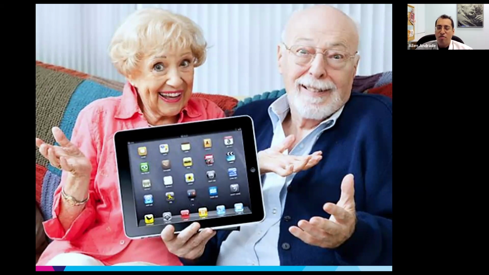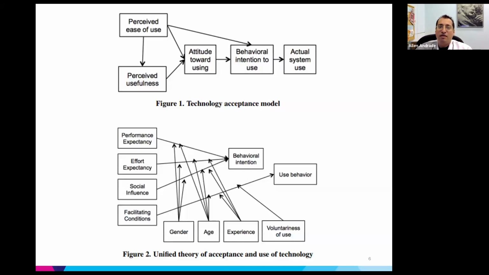So let's talk about some theoretical frameworks that can help us see what makes these technologies in general successful. So these are two theoretical frameworks I'd like to talk to you about. The first one is the technology acceptance model. This model was proposed in the 80s when it came to general use of technology acceptance.